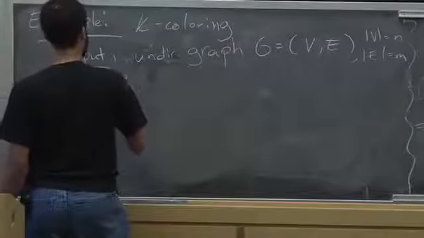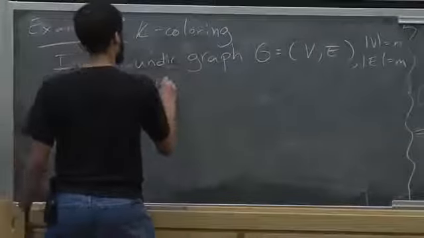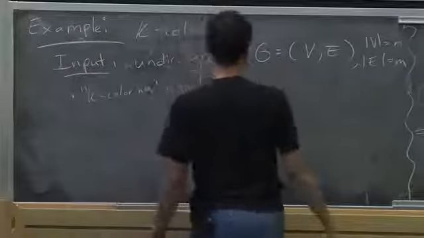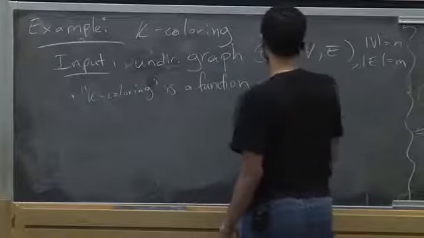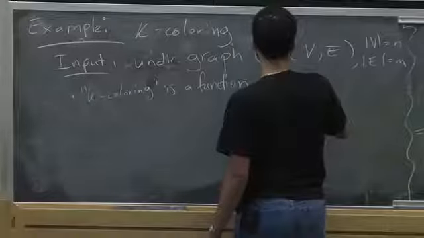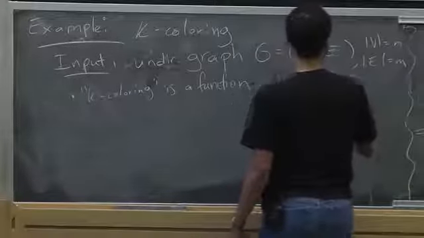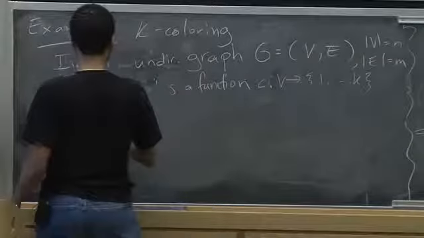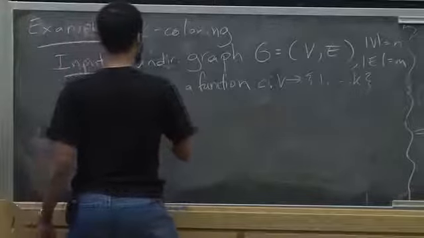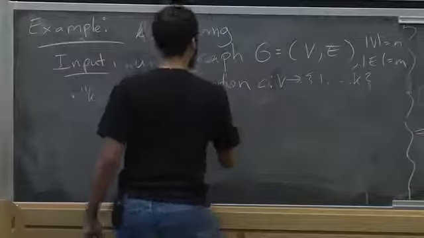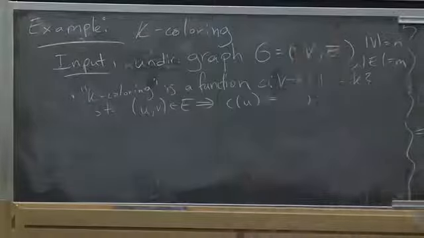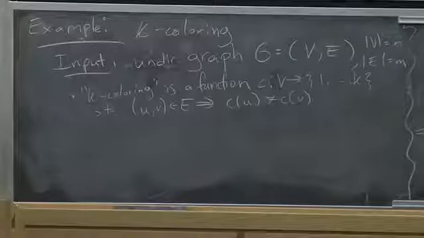A K-coloring is a function c which maps V into {1, ..., K} such that if there's an edge (u, v) in the edge set, it implies that c(u) is not equal to c(v). So we have to color vertices in such a way that adjacent vertices do not have the same color.